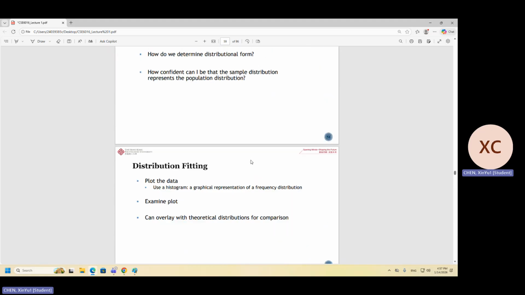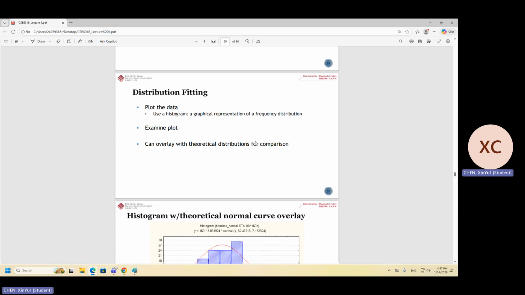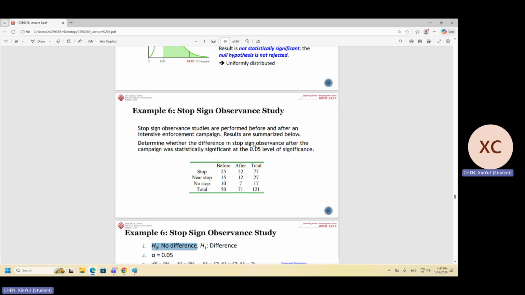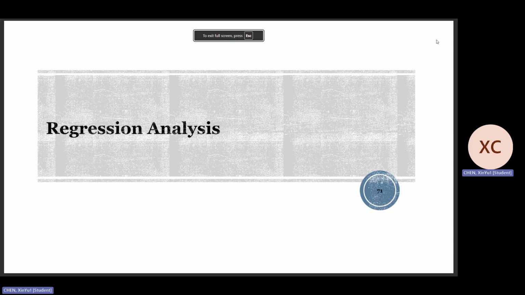Also, this one was very simple. Of course, at the PhD level for your study, the data will be very complex: more information, more variables, multinomial variables, and more complex relationships between the variables. So in terms of statistics and probability, the starting point for your research at the PhD level could be regression analysis.